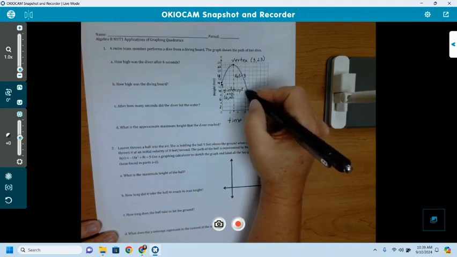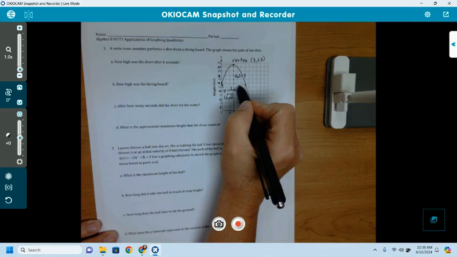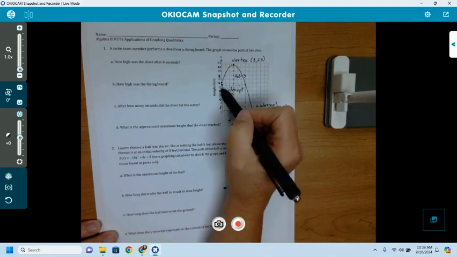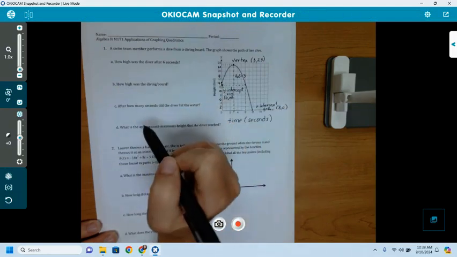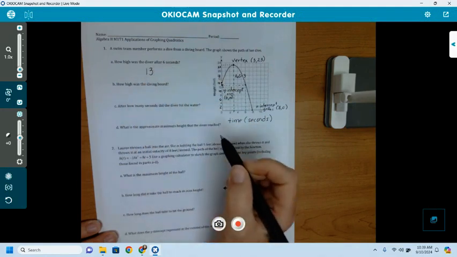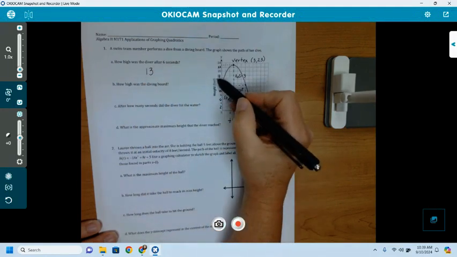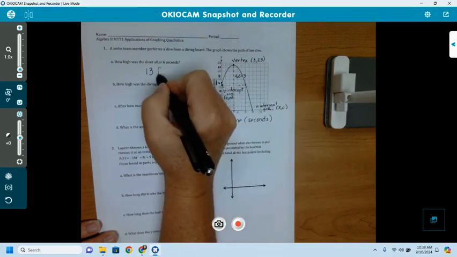How high is the diver at 6 seconds? It crosses the graph at that point. Let's see where that is. It looks like it is between 12 and 14. So how high was the diver after 6 seconds? The diver was 13, and the unit of measurement is feet.